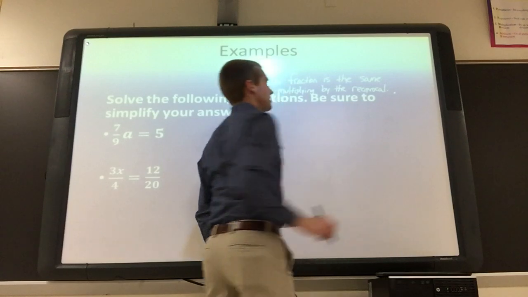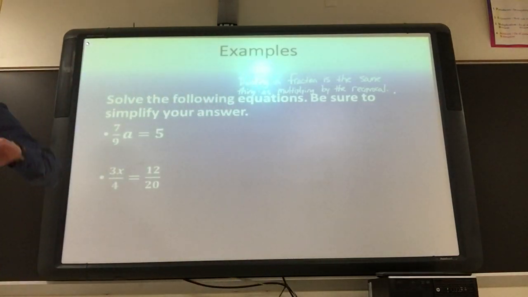And remember, the reciprocal of a fraction is the flipped version of the fraction. So the reciprocal of 2/3 is 3/2. The reciprocal of 1/2 is 2/1. So dividing a fraction is the same thing as multiplying by the reciprocal.